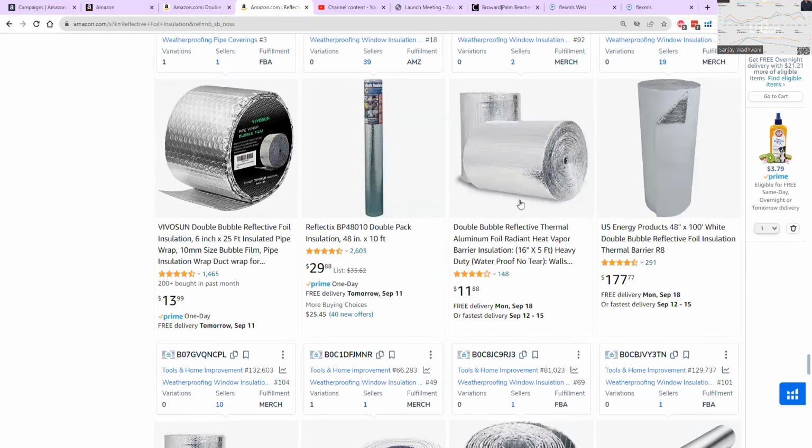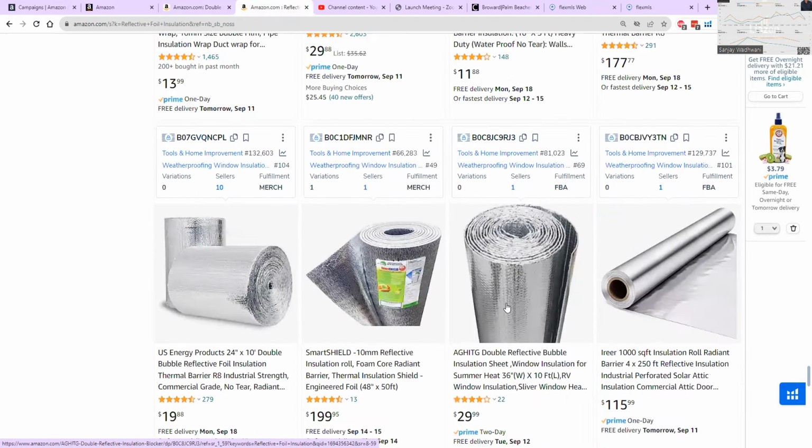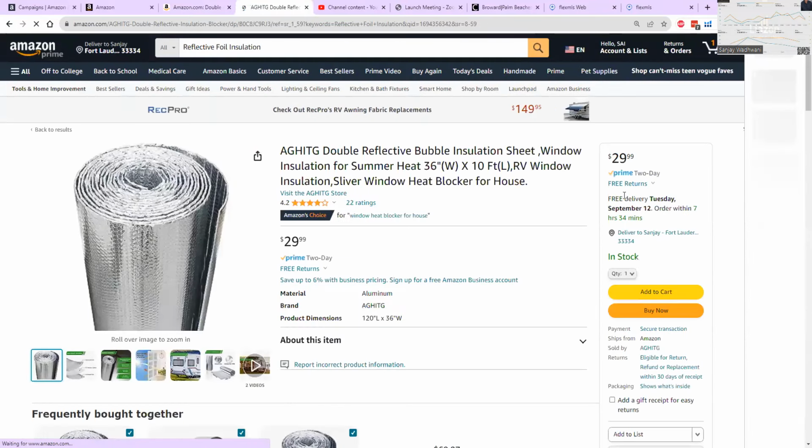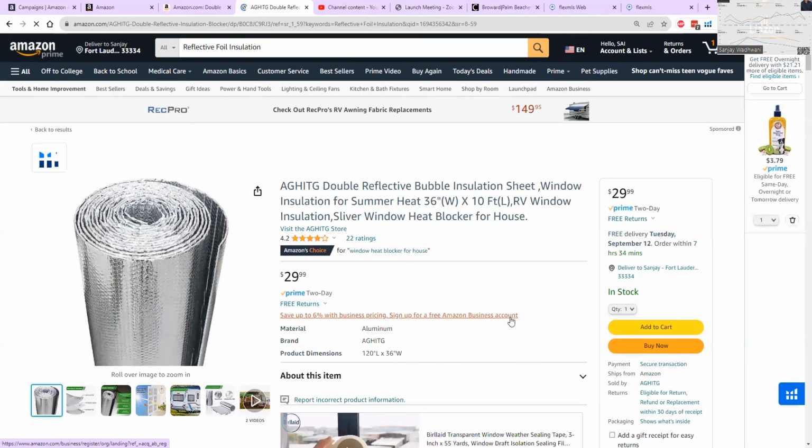If you do PPC targeting into expandable, especially when it comes to product targeting, expandable means this is a product, and what is the purpose of this product? The purpose is to make insulation to give you cooler air from the sun. It can be used for the air condition. It could be used for the windows. It can be used for many purposes.